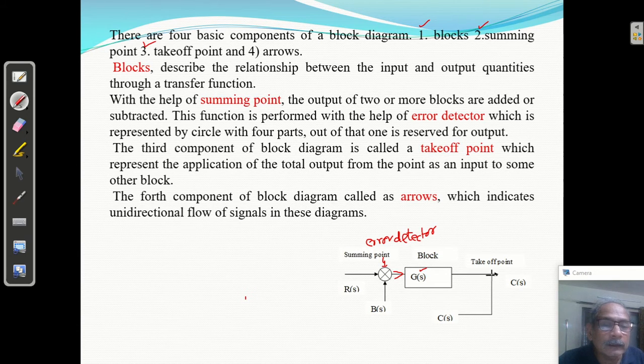You can give the input from here. This is the block, and you can take the output, C(s), the controlled output. You can take the feedback from here, right? So this point is known as the takeoff point. Here, suppose you are going to use a protection system for your induction motor.